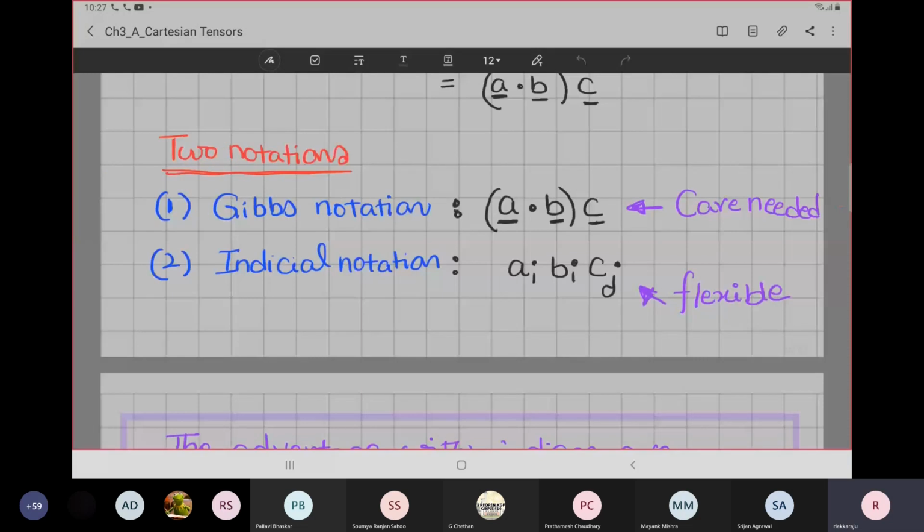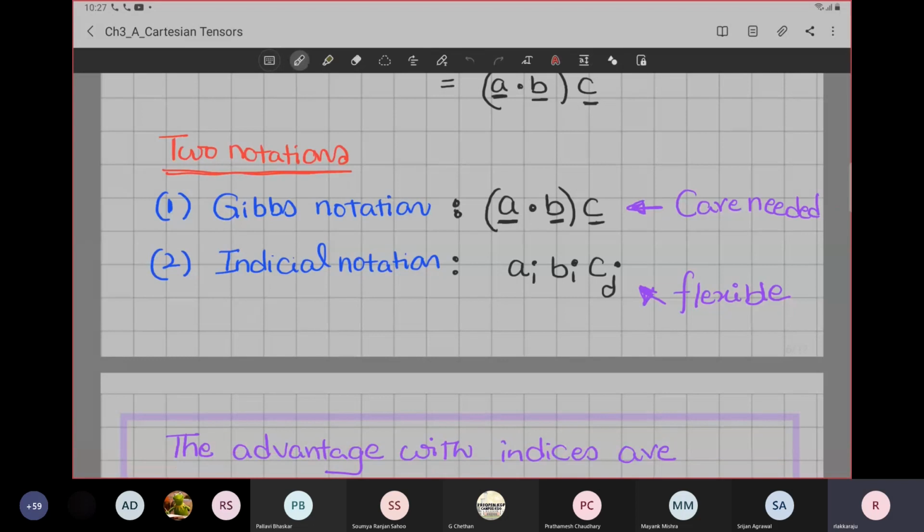With Gibbs notation, when you are handling it, care is very much required about whether you are writing it legally right or not. For example, if I say A dot B cross C, is it permitted?